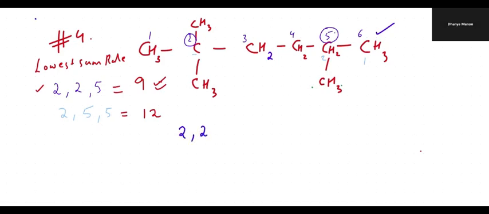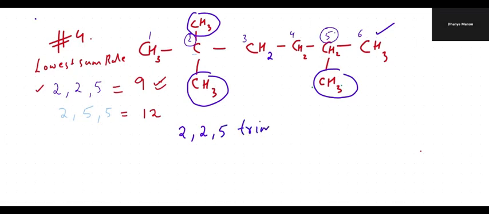So 2,2-dimethyl. Sorry, 2,2. There's also methyl in the 5th position. 2,2,5-trimethyl. 3 methyl groups are there, and hexane, hexene.